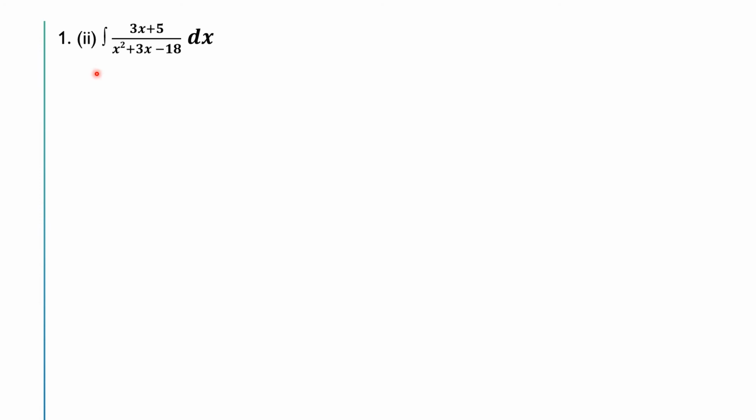The next question, integral (3x plus 5) upon (x square plus 3x minus 18) dx. So here we can see that the denominator is a polynomial of degree 2. So we have to factorize this polynomial. Only after finding the factors, we will be able to integrate this using partial fractions.